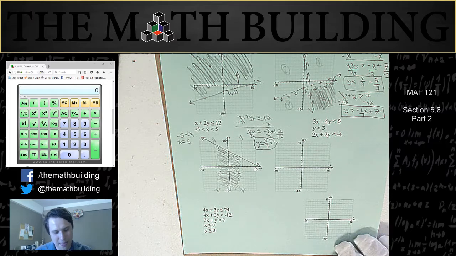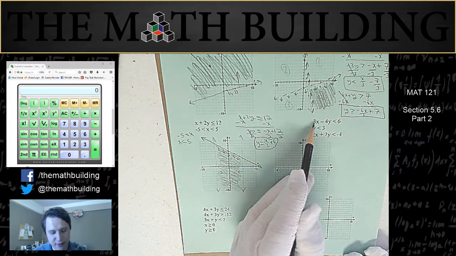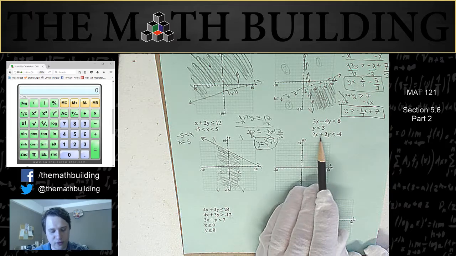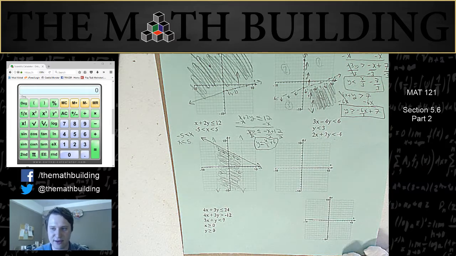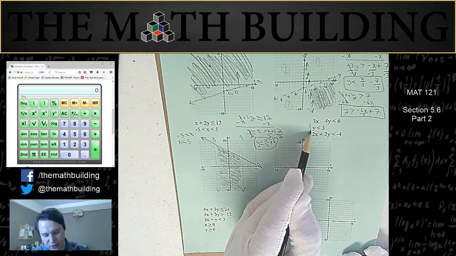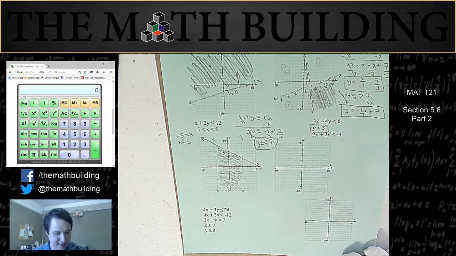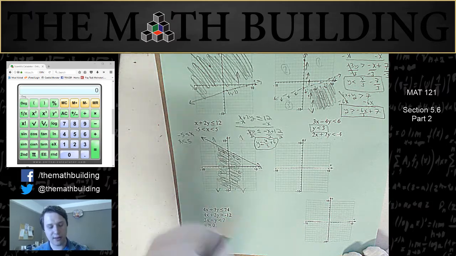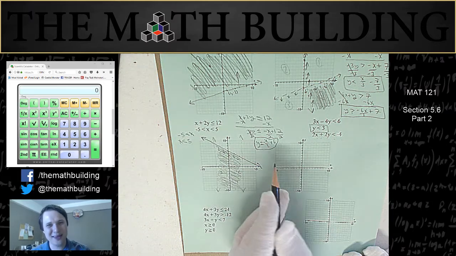Let's do another one. I have 3x minus 4y is less than 6, y is less than 3, and 2x plus 2y is less than -4. Let's start with y is less than 3. Remember, x was vertical, y is horizontal.